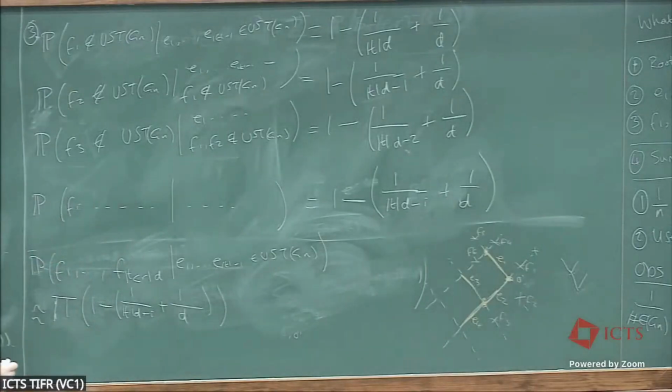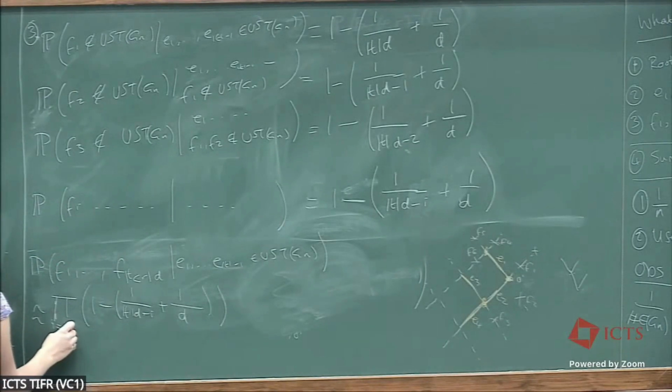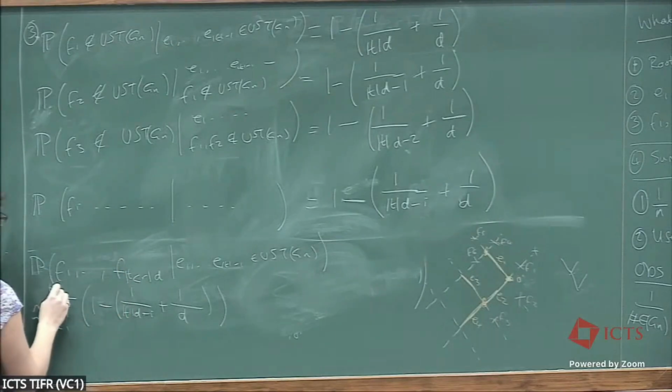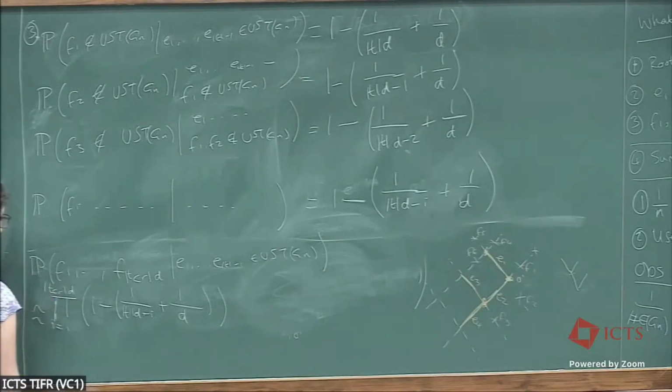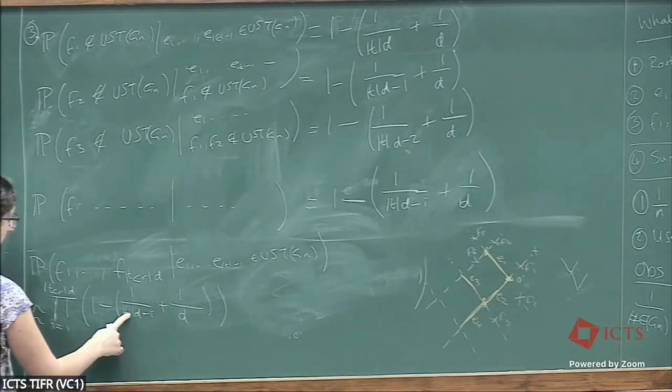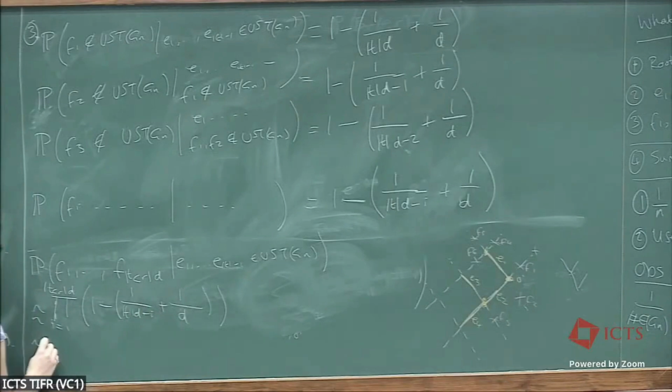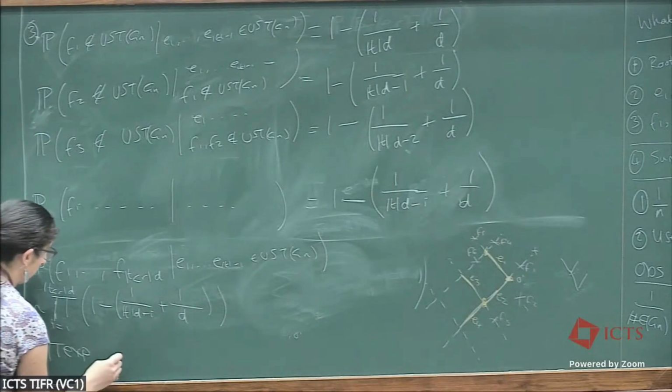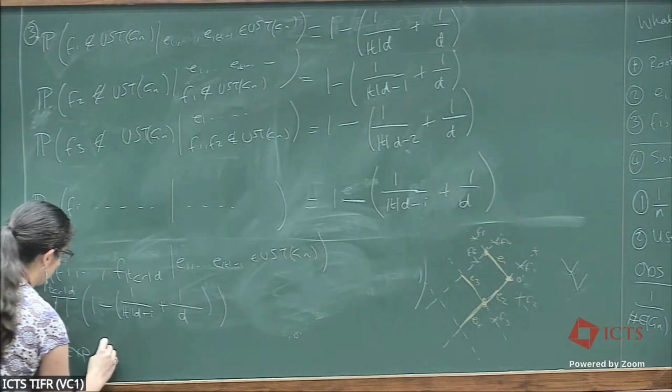So i goes from 1 to this number. These are very big, so this is very small, so this is roughly the exponential of this, so minus.